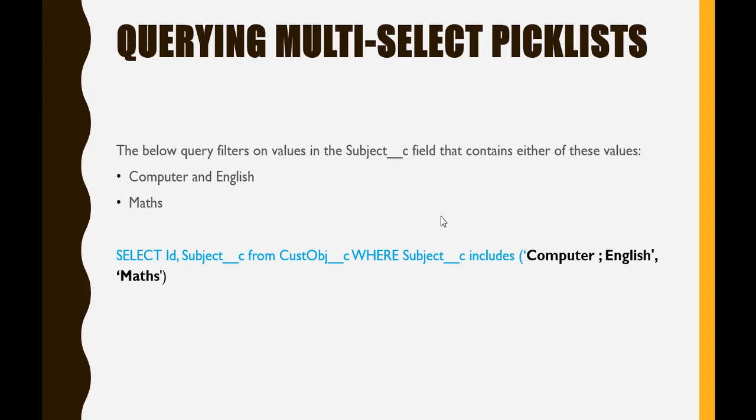This query will filter on values in the subject field that contain either computer and English as the subjects, or maths as a subject. Computer semicolon English is for when the student is enrolled in both of these, or the student is enrolled in maths. Those are the records it is going to fetch. So this is about querying the multi-select pick list.